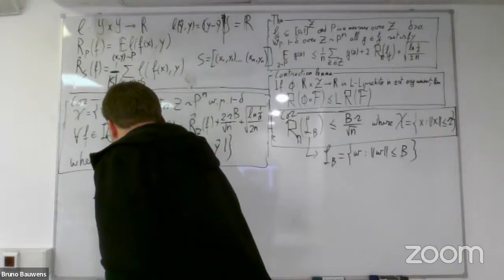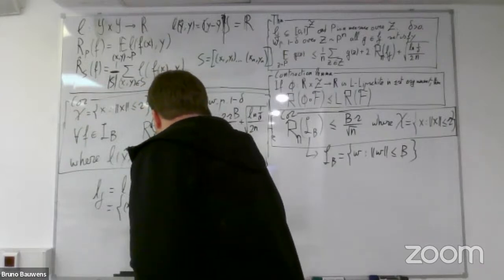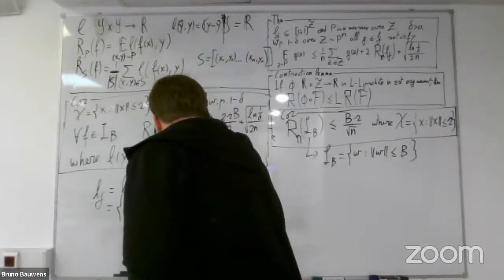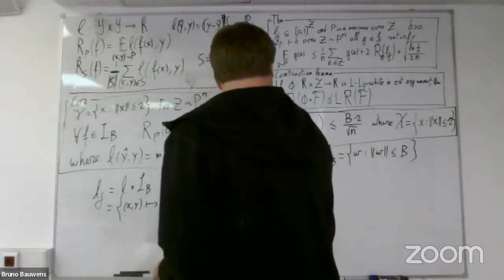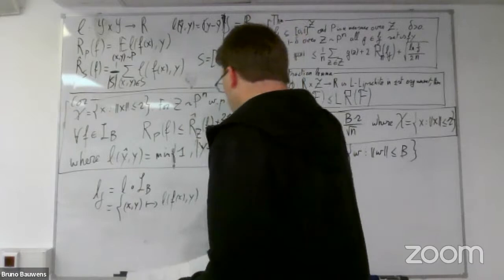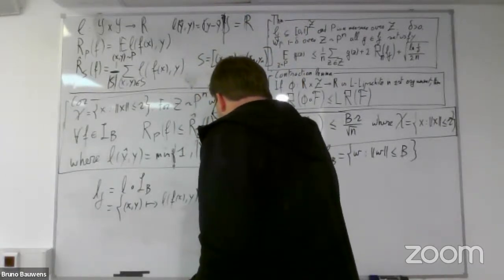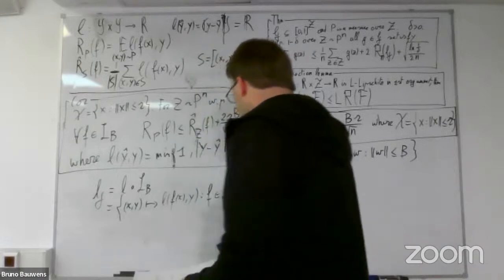This is the set of all pairs XY that are mapped to the loss of f of x y, for f in LB.